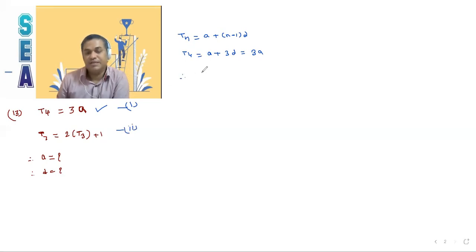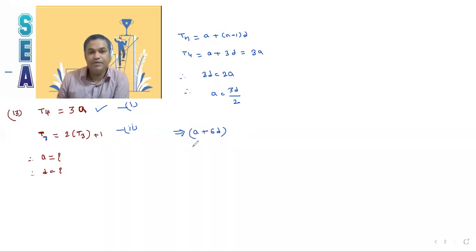So we will certainly say that 3d is equal to 2a. So our a is equal to 3d by 2. Here T7, as you are aware, we write it directly based on question number 2. T7 is equal to a plus 6d, yes or no?